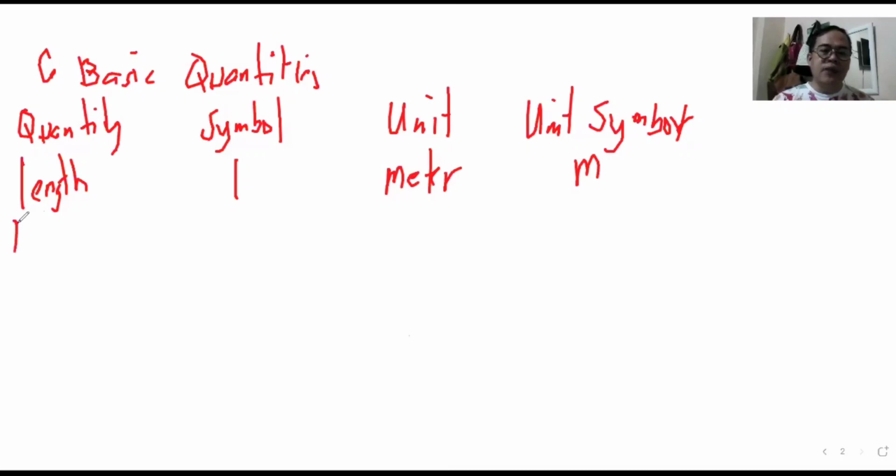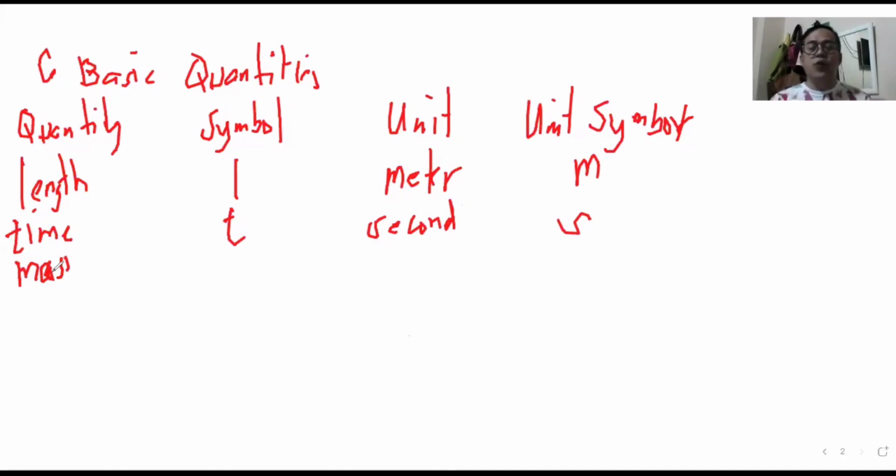The next one, very common that we use every day, is time. The symbol of time is small letter t, and the standard unit is the second, with a small letter s. Next, the third most important is mass, which we also use every day when we go to the market to buy something measured by weight, right?